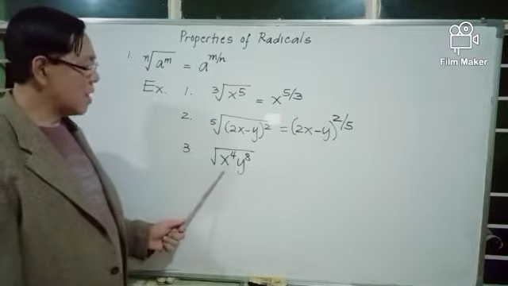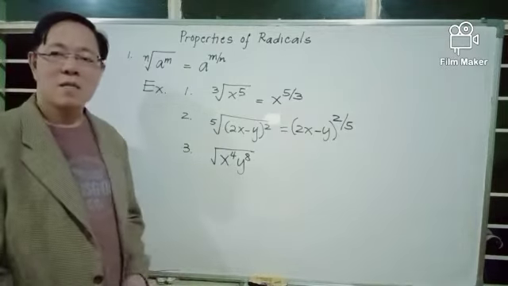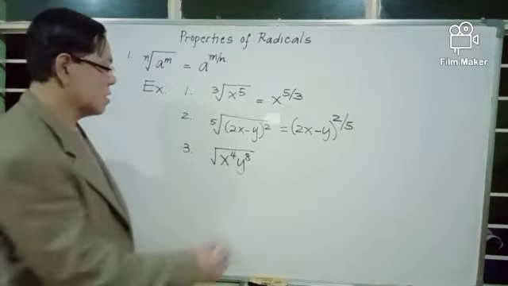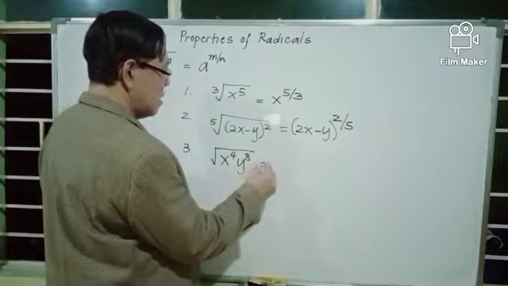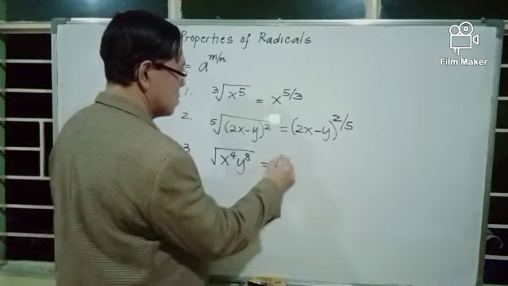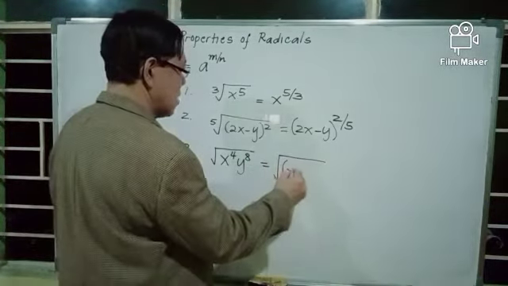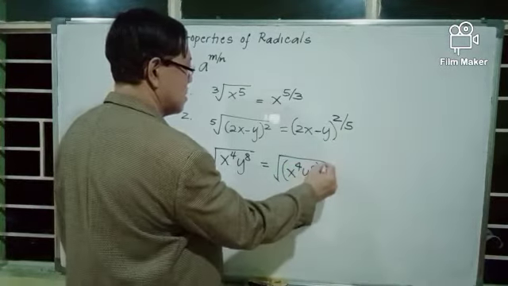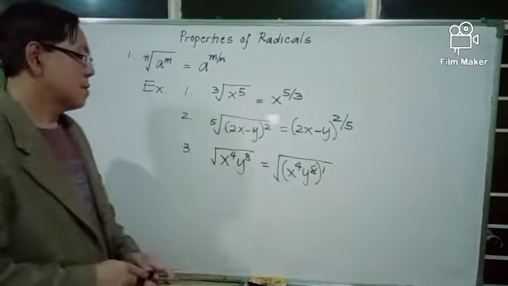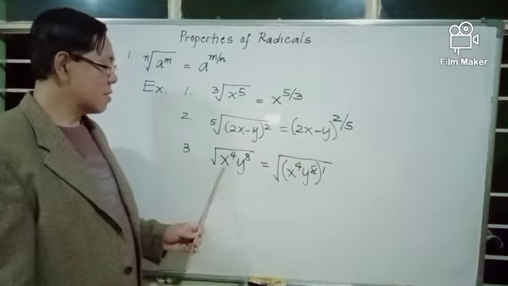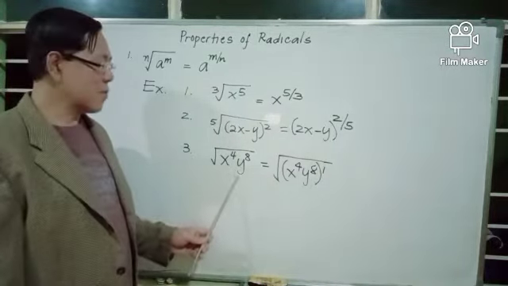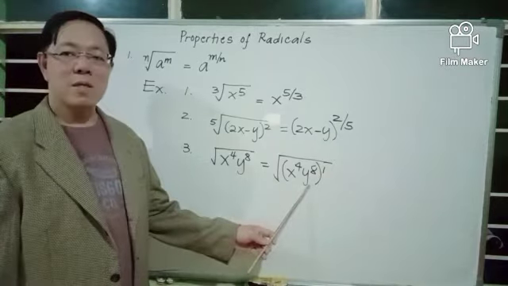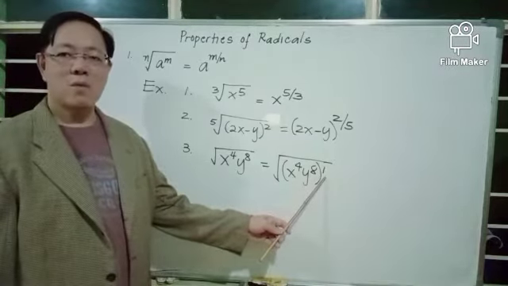Now we can write x to the 4, y to the 8 as a single quantity. And we write this as the square root of quantity x to the 4, y to the 8 raised to 1. Again, we take this product x to the 4, y to the 8 as a single quantity raised to the power 1.